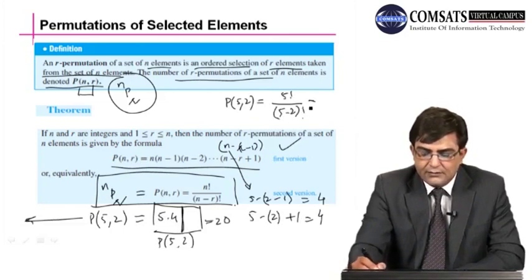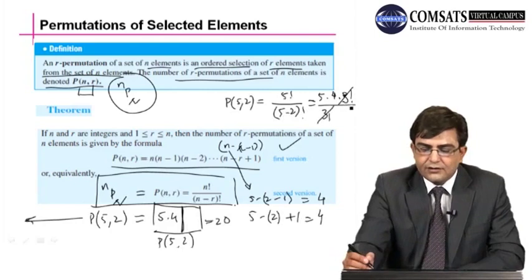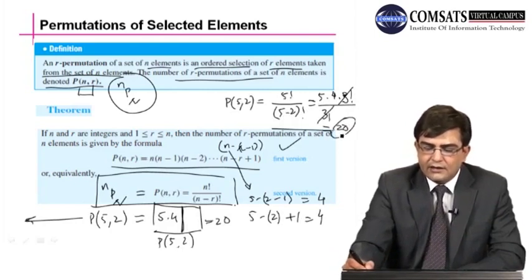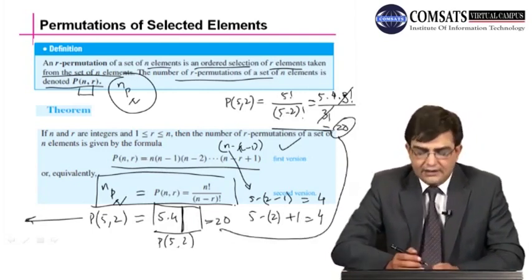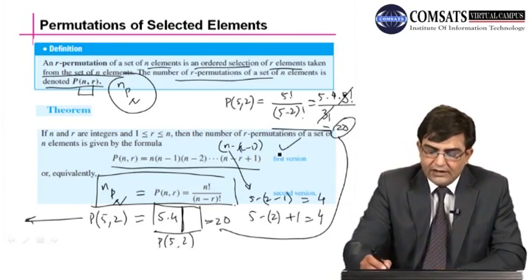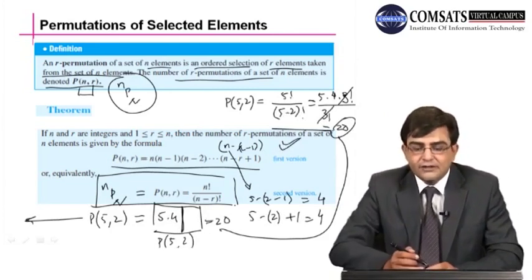This is basically 5 factorial, we can write it as 5 into 4 into 3 factorial, and this is 3 factorial. Basically here 3 factorial cancels, 5 4s are, we get 20. Again the same answer as we obtained by using the first version of the formula.